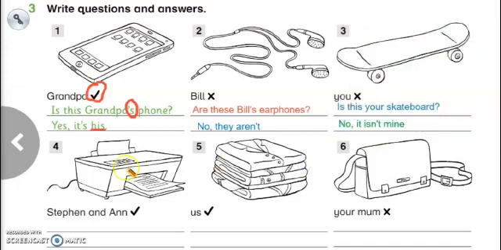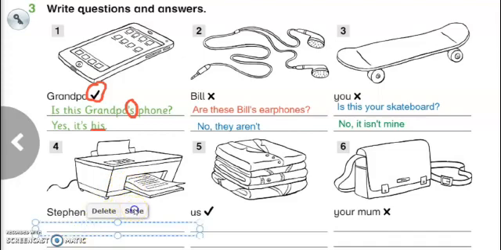Now move to the fourth one. Here we have a printer, and we have to ask about this printer with Stephen and Anne. We have to begin the question with is because it is a singular noun. Is this Stephen and Anne's printer?